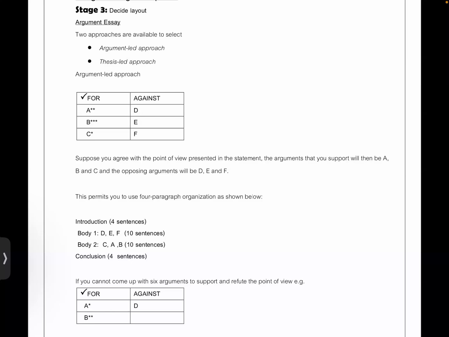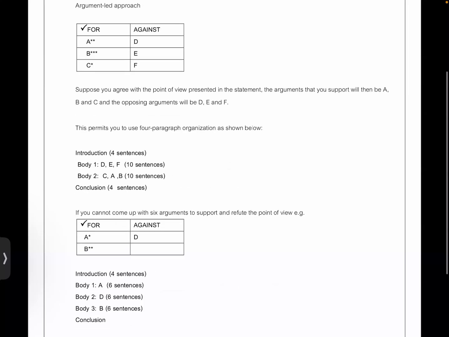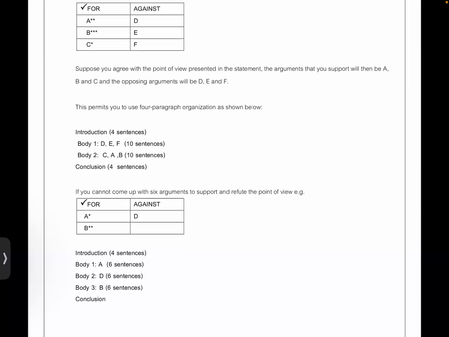So what are the different organizations you could employ to do this? What you can do is start with A, which is the point that you support.